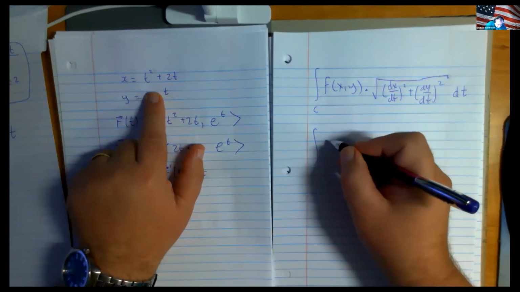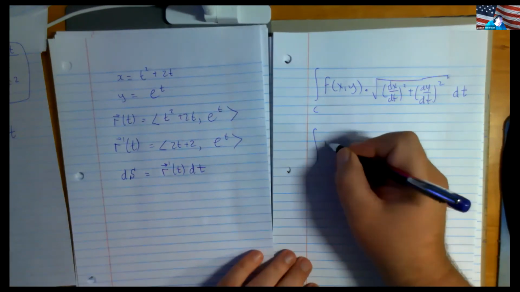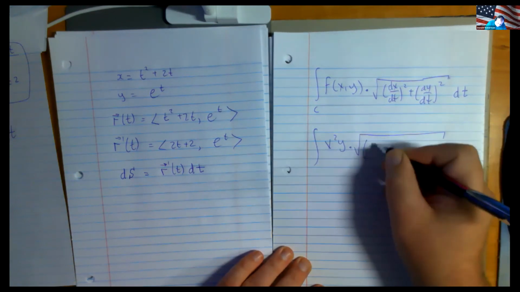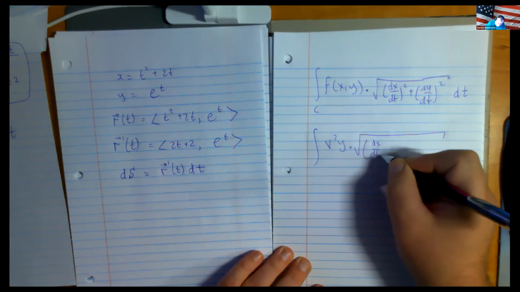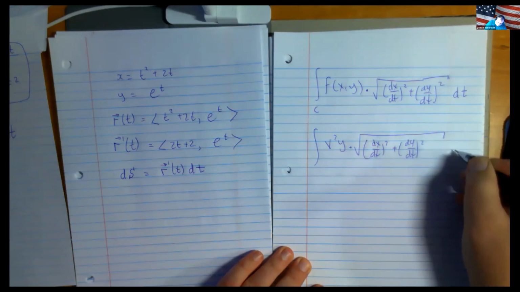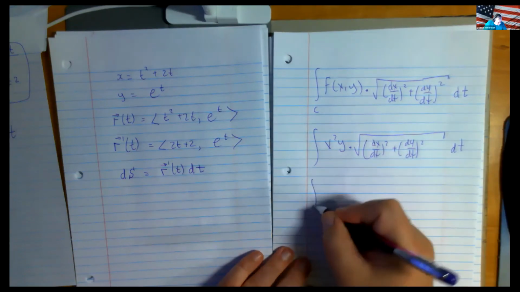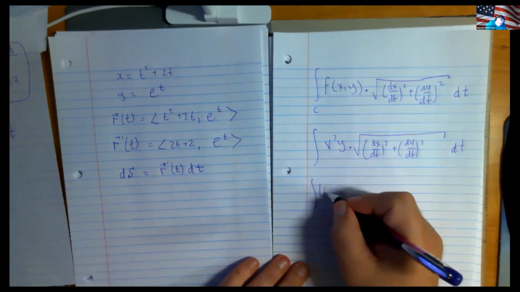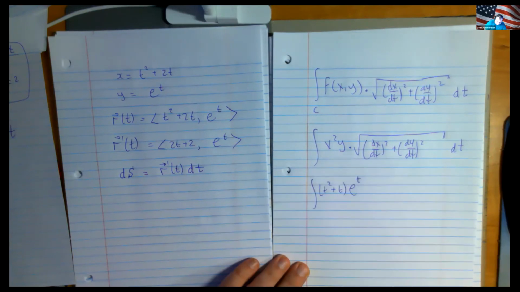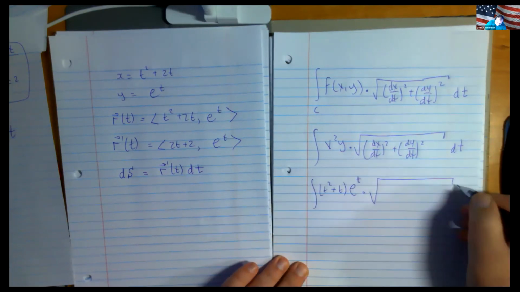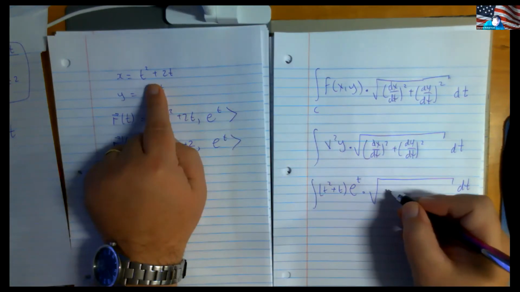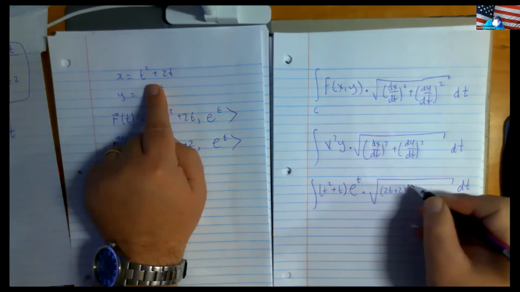It's going to be x y squared, times the square root of this guy squared plus this guy squared, dt. The x is going to be replaced by t squared plus t. The y is going to be replaced by that guy. The derivative of this guy is 2t plus 1 squared.